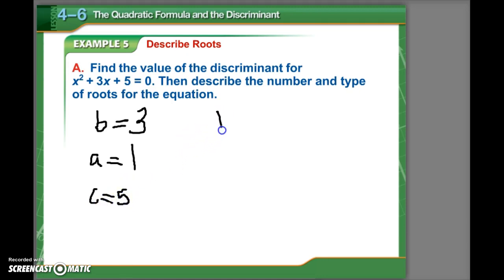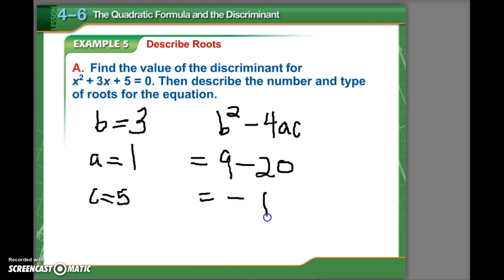So b squared minus 4ac is equal to, b is 3, so 3 squared is 9. A times c is 1 times 5, and 4 times 5 is 20. 9 minus 20 obviously is negative 11.